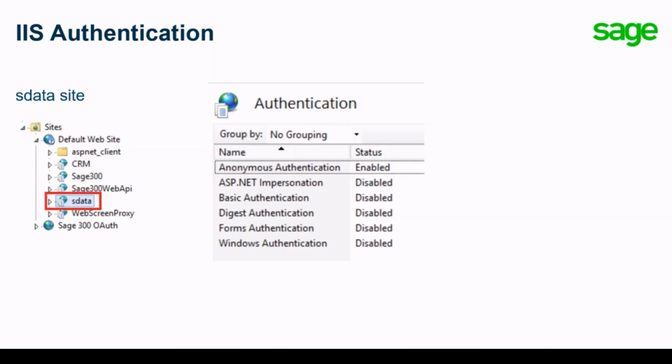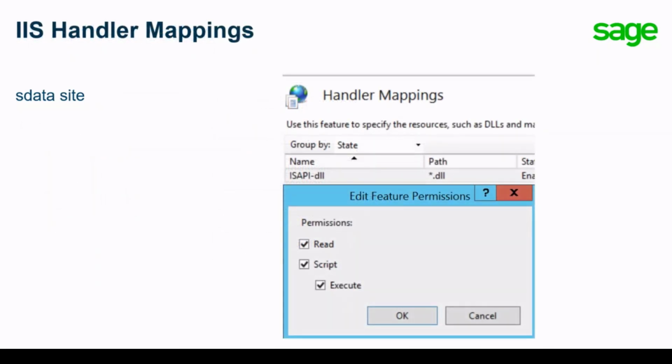The next thing to check would be our IIS Handler Mappings. Now, the Handler Mapping is basically when IIS needs to execute something like a DLL or some kind of service, the handler mapping tells it what to do. Handlers are the ones that process the request made to the site or application, and it maps to a resource on the web server that generates a response for the request.